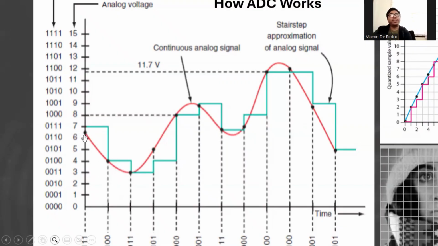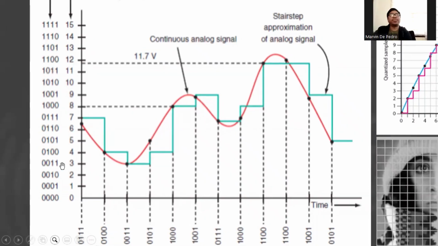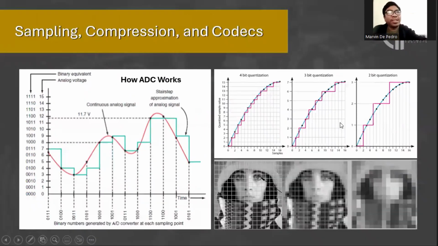For example, this one can be close to 7, I guess. So when we encode that, it has 0111. Then here it's 1000, and same thing here. It's closer to this level, so the encoding is 0011, and so on. That's basically how ADC works.